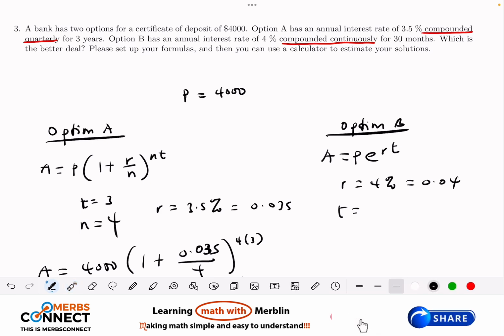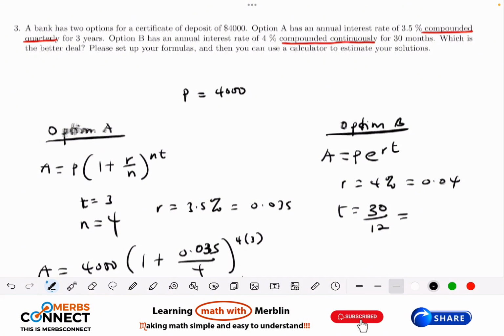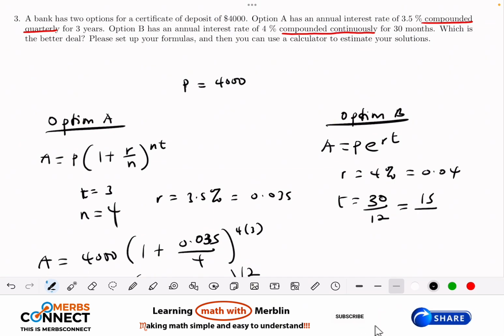So to convert this to years, we are going to have 30 divided by 12, which is going to give us something like point something there.